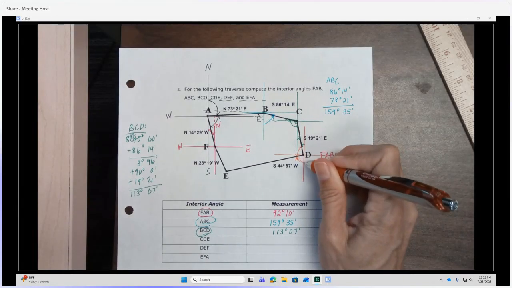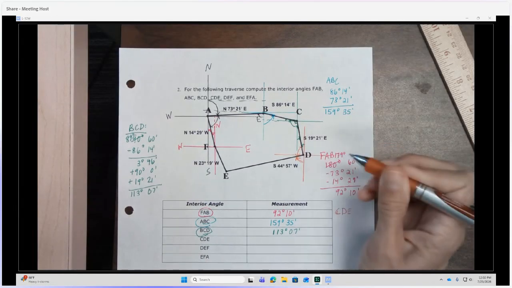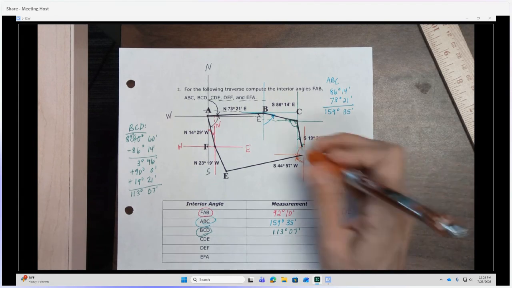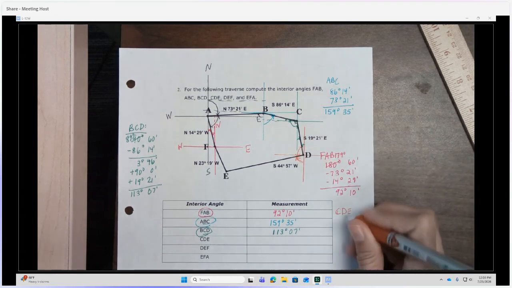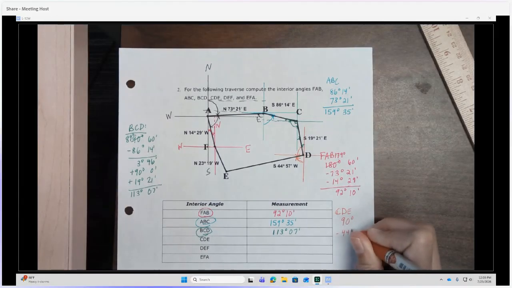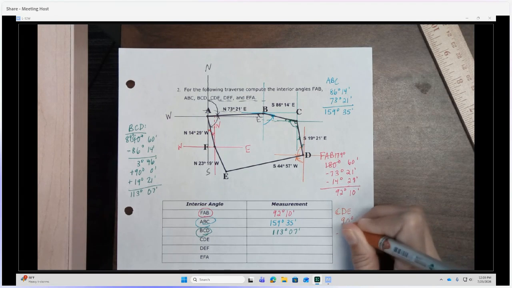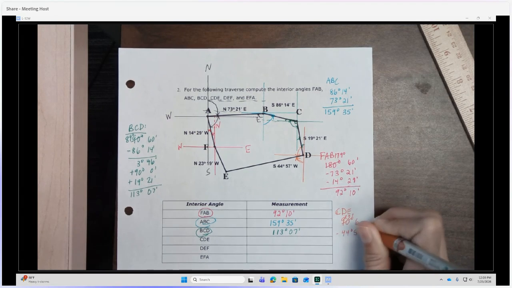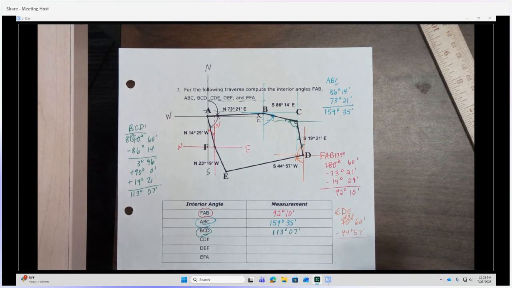If I came all the way up here, I would be at 90 degrees. So I'm going to subtract that so I can get this first part there. So I'll start with 90 degrees minus the 44 degrees, 57 minutes. We'll make that 89 degrees and 60. And so that's going to become 45 degrees and 3 minutes.